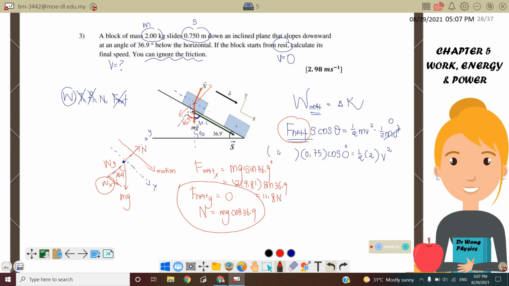So you substitute 11.8 Newton into here, where this F net refers to the x component only, because in the x component there is an acceleration, but the y component is equal to 0. The x component net force is equal to 11.8 because it's not in equilibrium, it accelerates downward. So 2 and 2 we can cancel. Finally, we will get our v equals 2.98 meter per second.